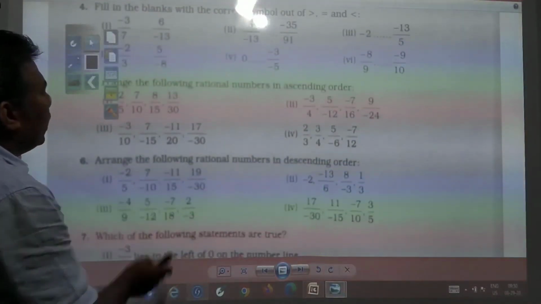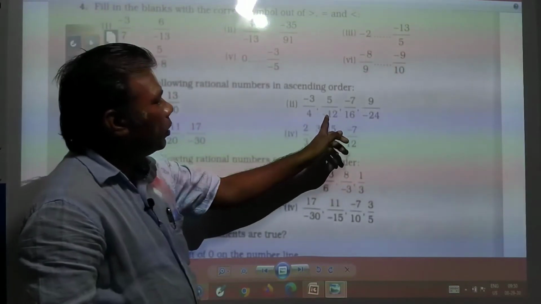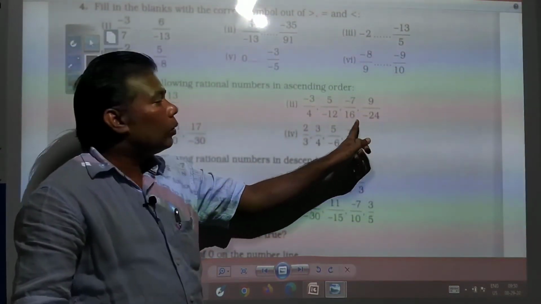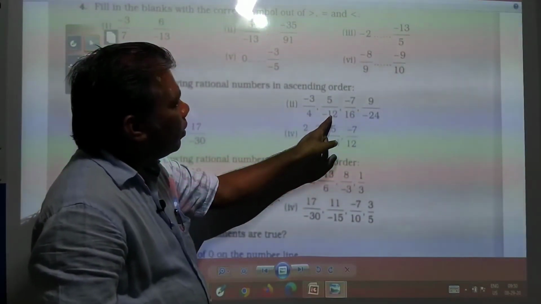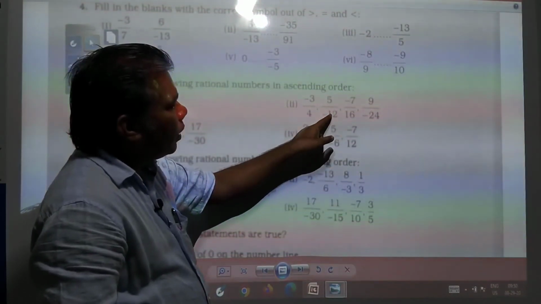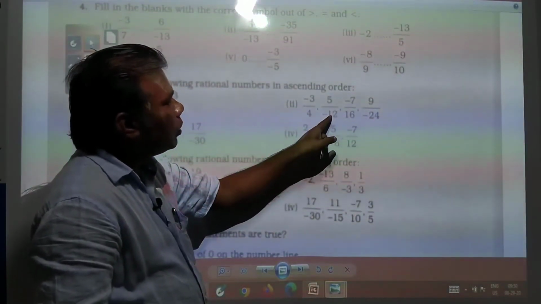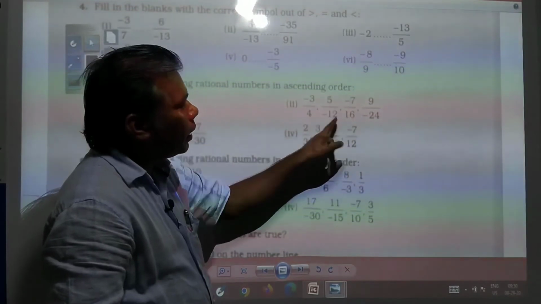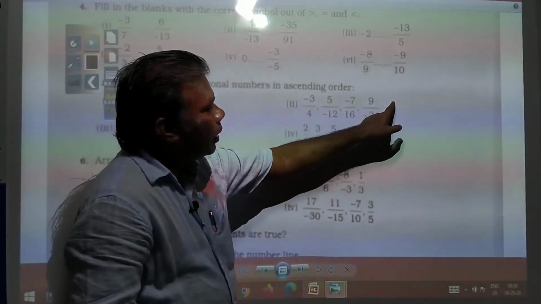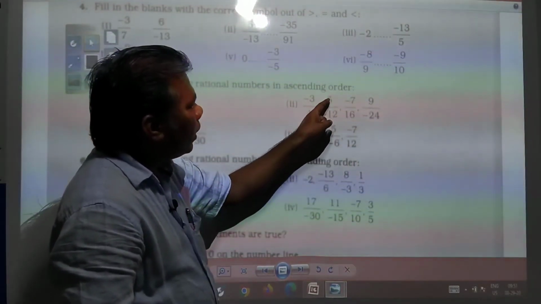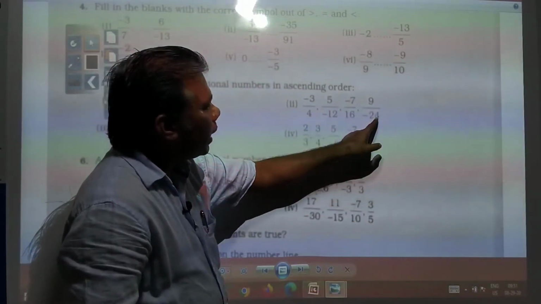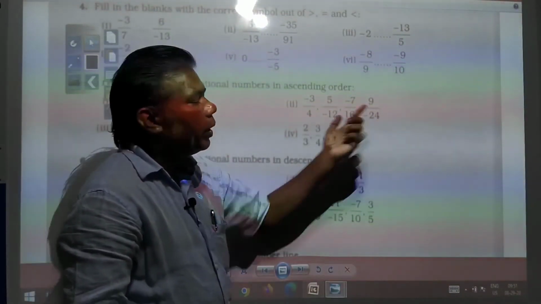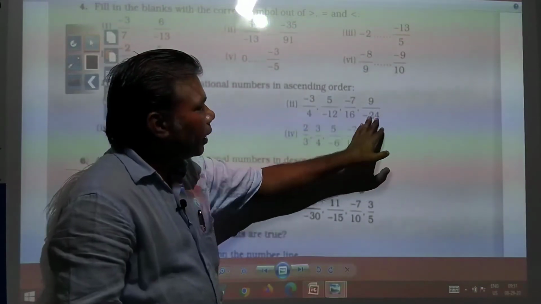In the same way these are required to be done, and for these questions again what is needed? This minus 12 is required to be converted into plus 12, so this is required to be multiplied by minus 1. So it will become minus 5 by 12, minus 9 by 24, and then you need to compare this, and for that you need to find out the LCM.